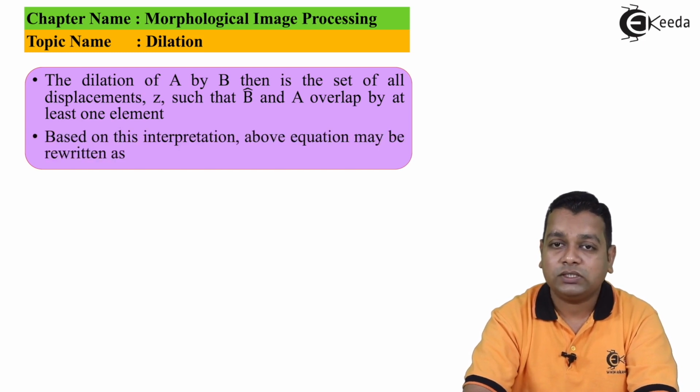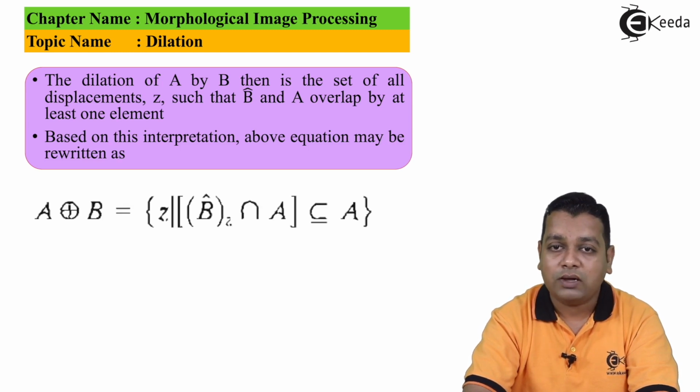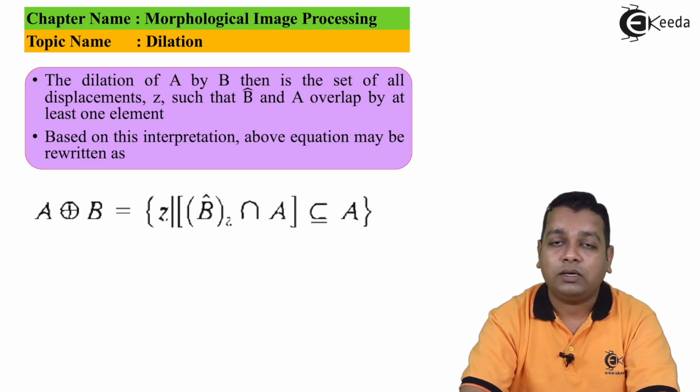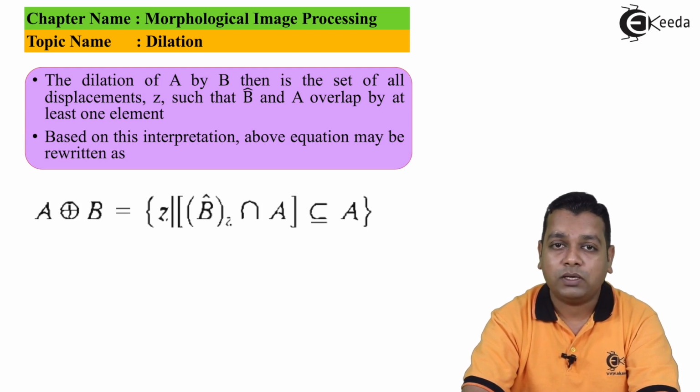So this equation is based on obtaining the reflection of B about its origin and shifting this reflection by Z here. So B cap represented the reflection here. The dilation of capital A by capital B then is the set of all the displacements Z such that the B cap and capital A overlap by at least one element.